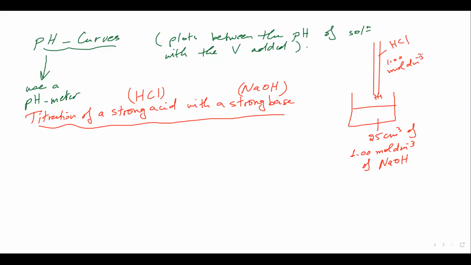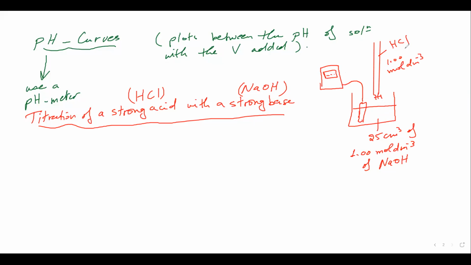No, here we know the concentration of both, but we want to determine which indicator to be used. So here we are going to get our pH meter, which has the screen containing the numbers, and connected to it will be the probe or the electrode that is going to measure what happens during the titration.